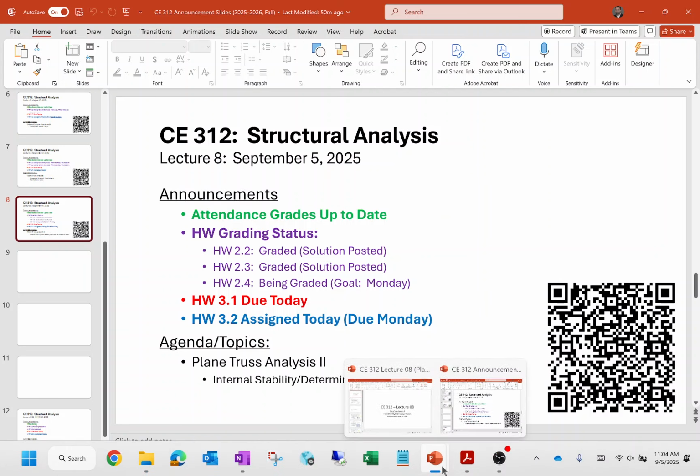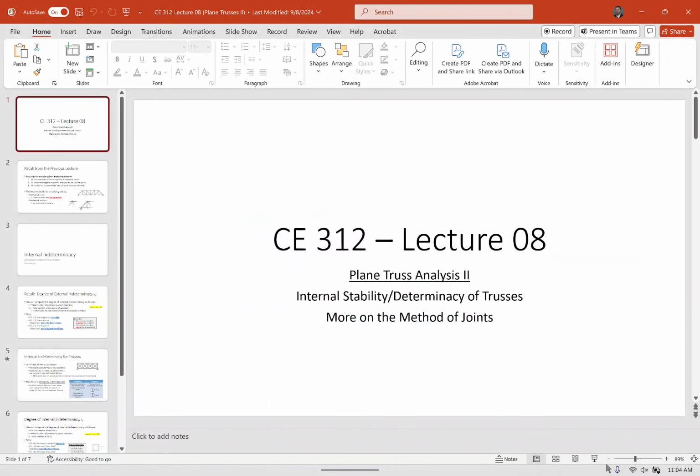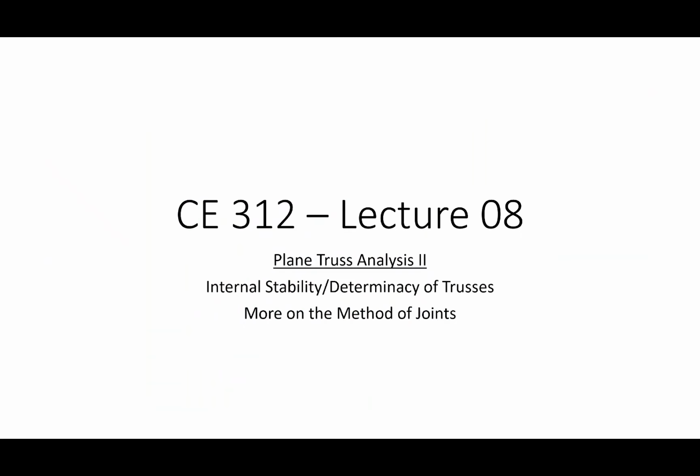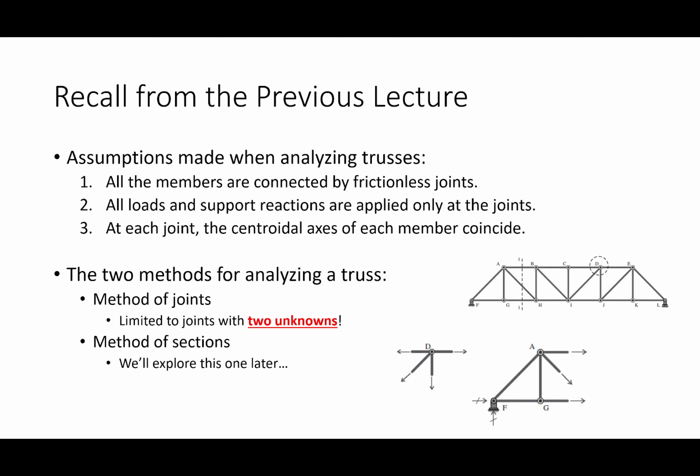Let's recap where we left off last time and then dig into things a little bit more today. In the previous lecture, we discussed trusses as a whole, and we went through the 3 assumptions that we make when analyzing trusses. We assume that there is no friction at the joints where truss members are connected.